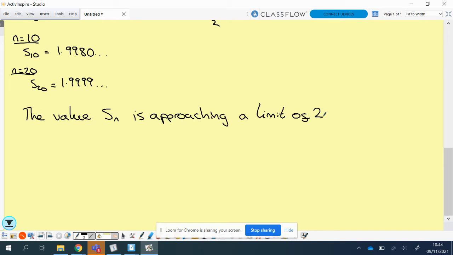Okay, which means that this series has a sum to infinity equal to 2.